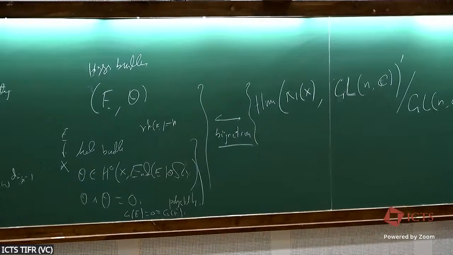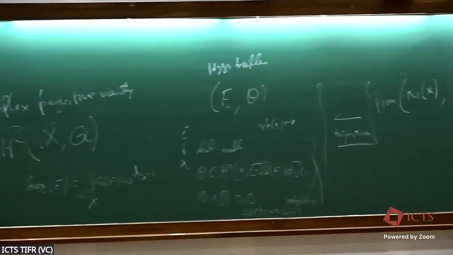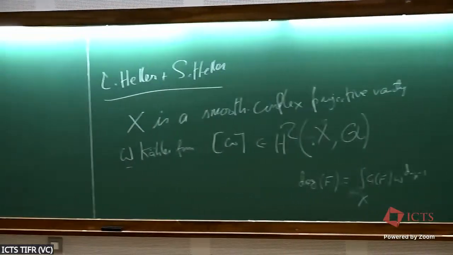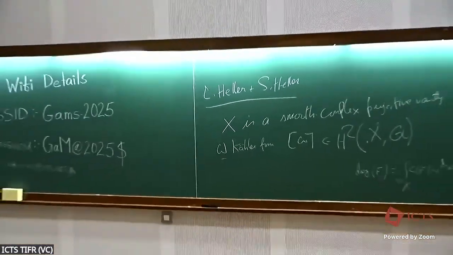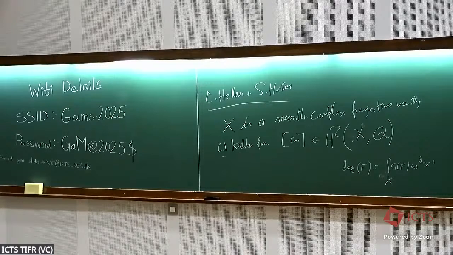I take X tilde, the universal cover corresponding to the point x naught, and pi 1 acts on this, with X as the quotient. Now I take X tilde cross C^n. This pi 1 of X acts on this product. It acts on X tilde by deck transformations.